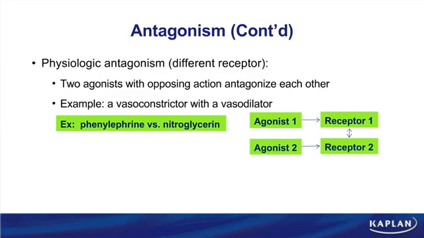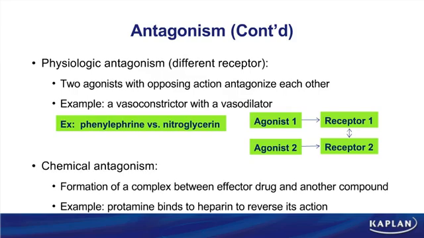For example, on the heart, muscarinic M2 receptors stimulated by acetylcholine are going to slow the heart down, whereas beta-1 receptors stimulated by norepinephrine are going to increase the heart rate. Opposite effects, that's what we call physiologic antagonism. Our third example is called chemical antagonism. Chemical antagonism is where you have two drugs that actually bind to each other. There is no receptors involved in this interaction.